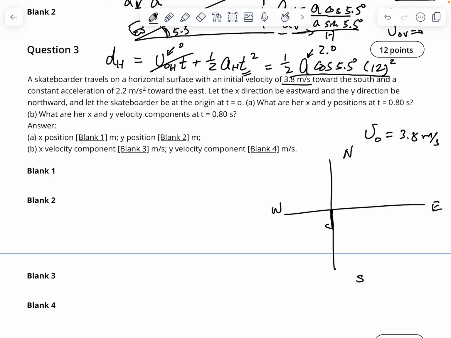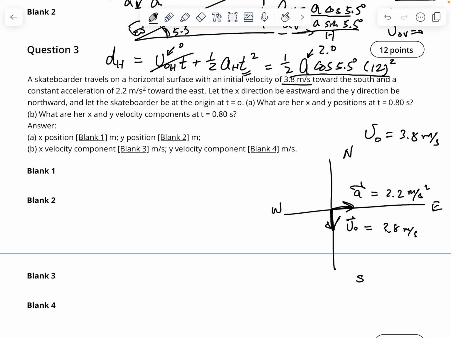Initial velocity v naught towards the south, and a constant acceleration towards east. Okay, so a is 2.2 meters per second squared. All right, so this is the acceleration toward east.